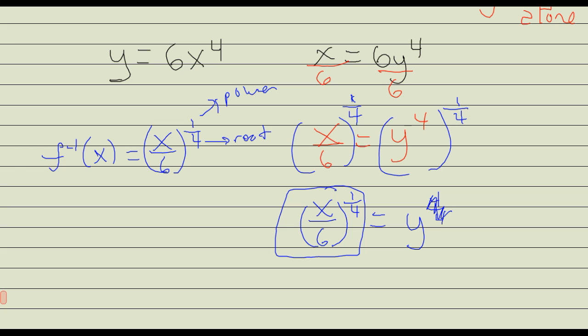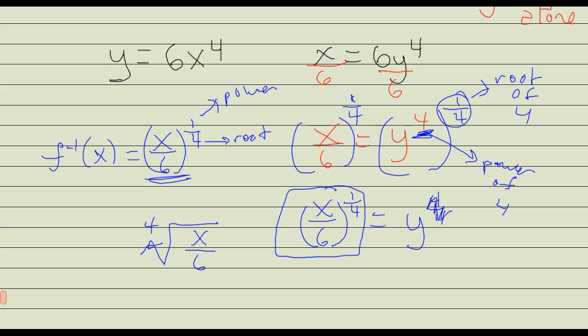And so it would make sense that if we were trying to get rid of this, which is the power of 4, then we would get rid of it by doing the opposite, which is the root of 4. And that's what 1/4 as an exponent is, if you had forgotten that. So this right here is the same exact thing as the 4th root of x over 6. It's supposed to be a radical sign, but okay, so it's the same thing as that. But this is our inverse.